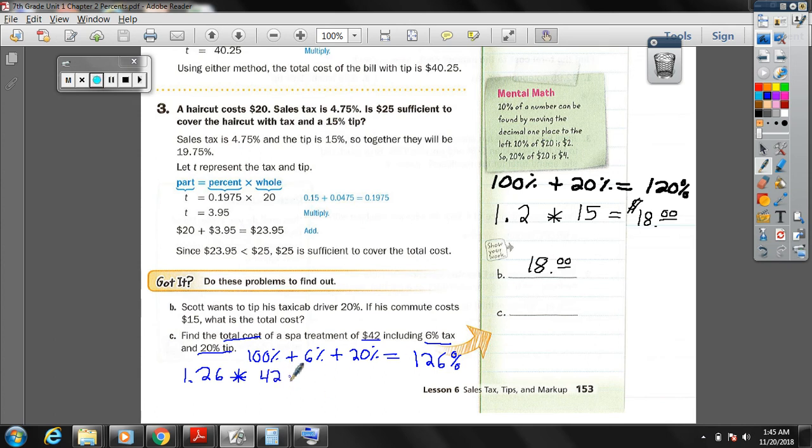And when we do that, we are going to get a grand total of $52.92. So the total cost of this spa treatment is $52.92, and that includes all the tax and the tip with the bill.